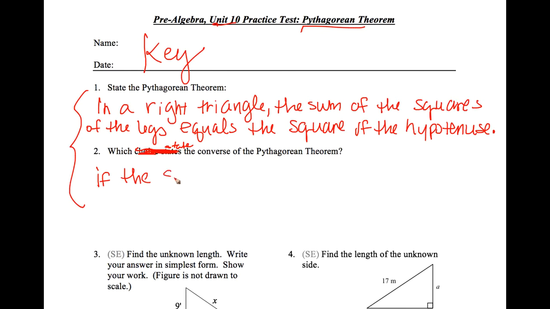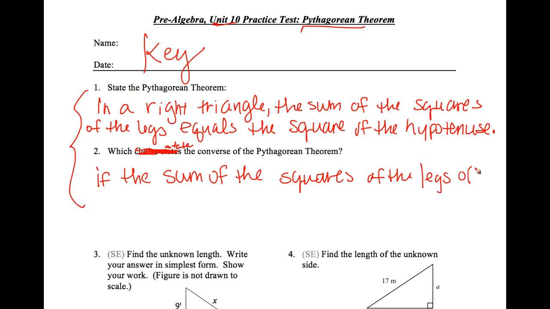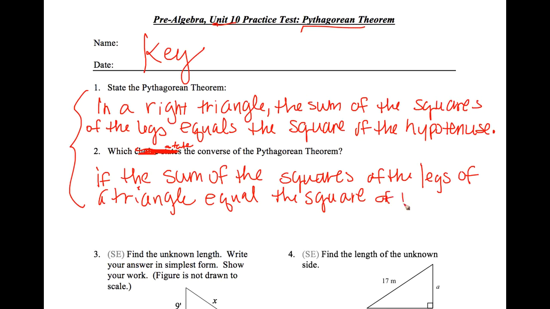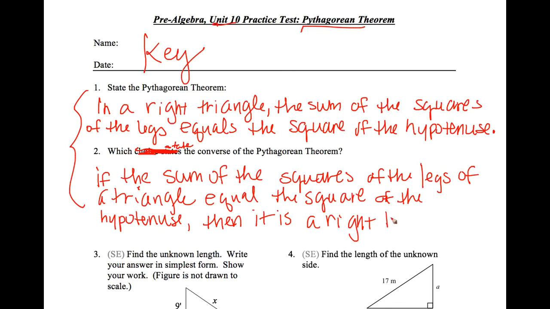If the sum of the squares of the legs of a triangle equal the square of the hypotenuse, then it is a right triangle.